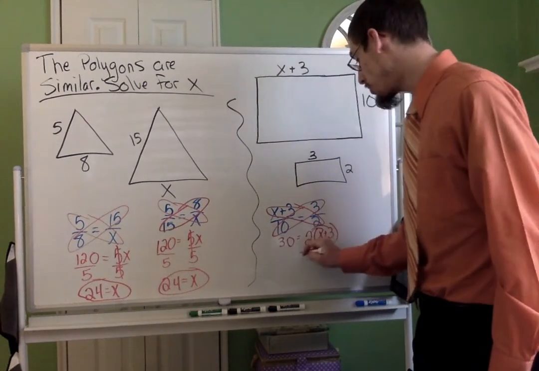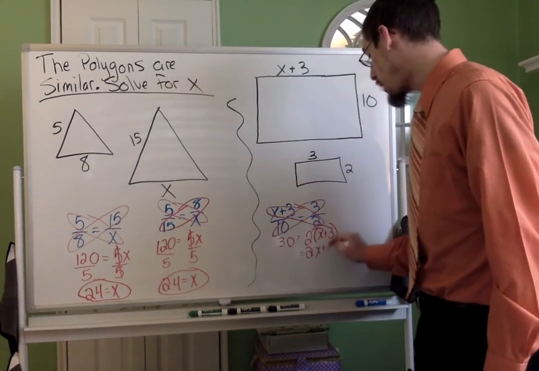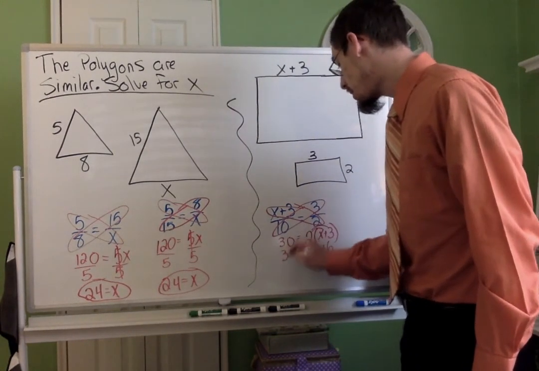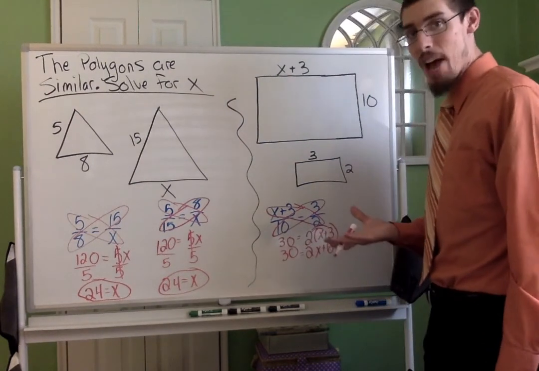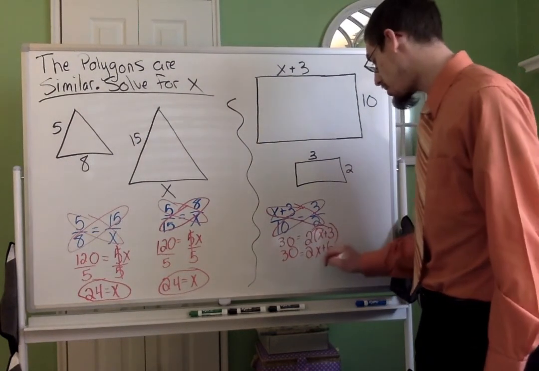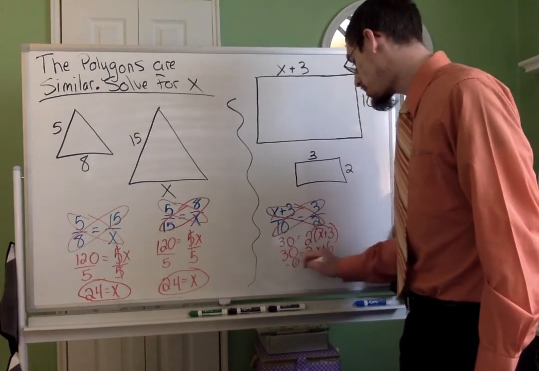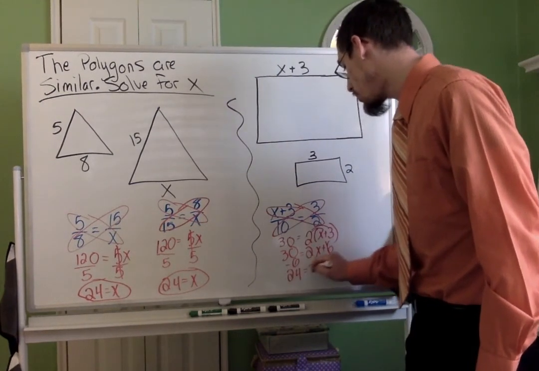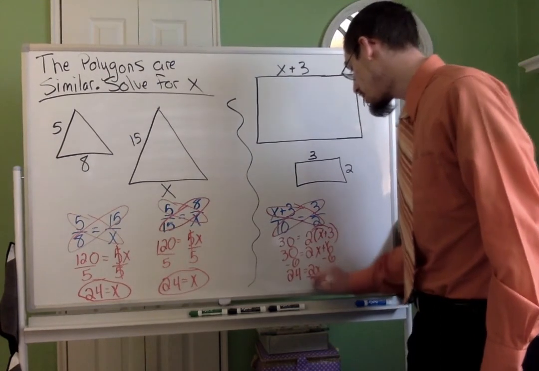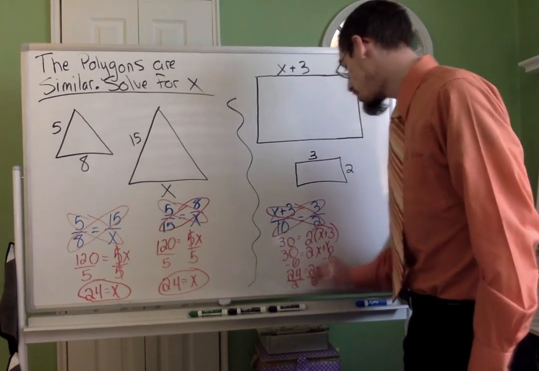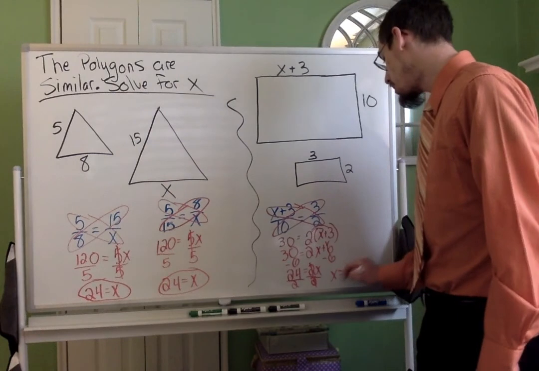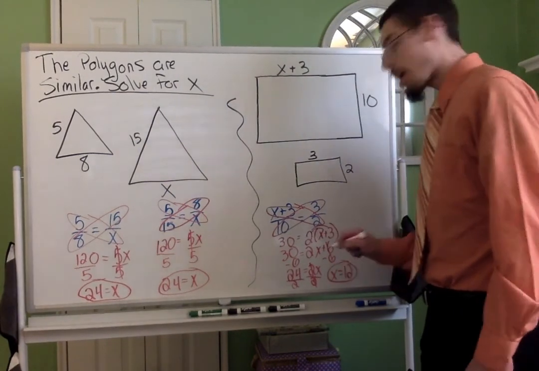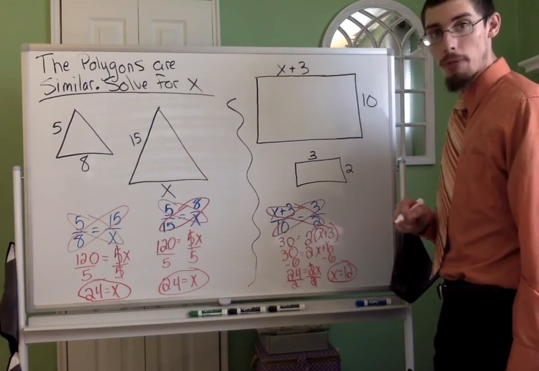Distribute the 2 first, right? Get 2x plus 6 equal to 30. Now it's just a two-step equation. Subtract 6. You'll get 24 equals 2x. Divide by 2. x equals 12.